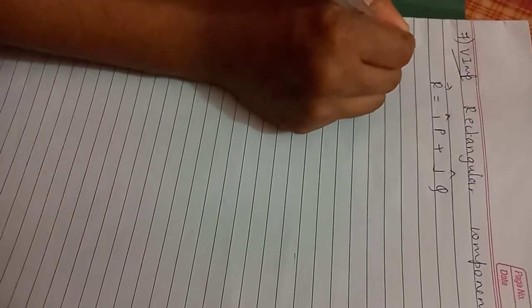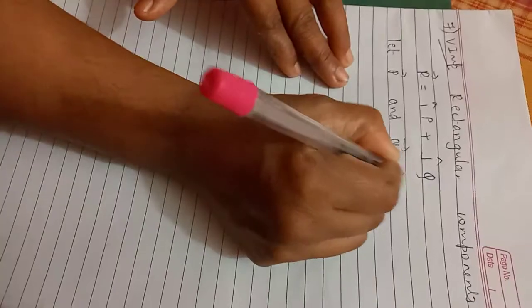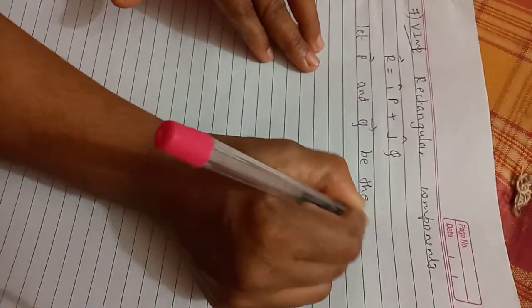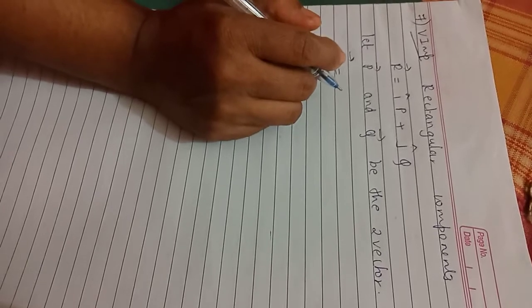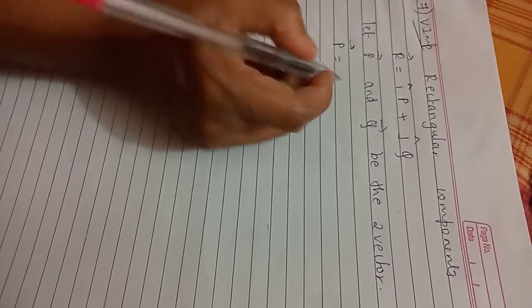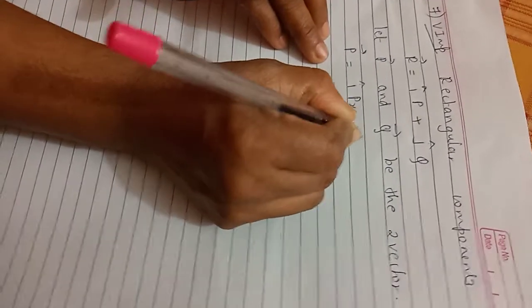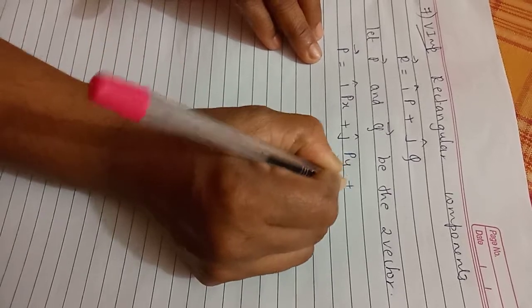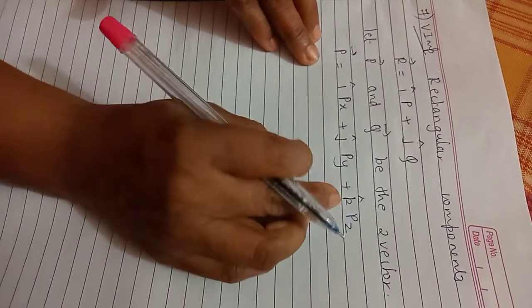Look carefully, let P and Q be the two vectors. How do you write any vector in terms of its rectangular components? Vector P is equal to I Px plus J Py plus K Pz. Why did I take K Pz?